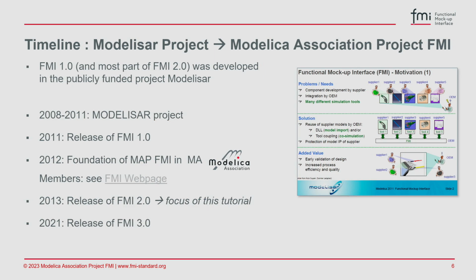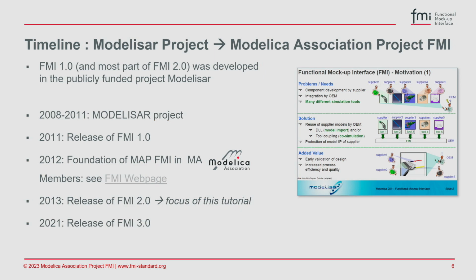Then at the end of this project, FMI 1.0 was released in 2011, and shortly afterwards the FMI project found its home in the Modelica Association, and then FMI 2 was released, which was then also stable for a long time.